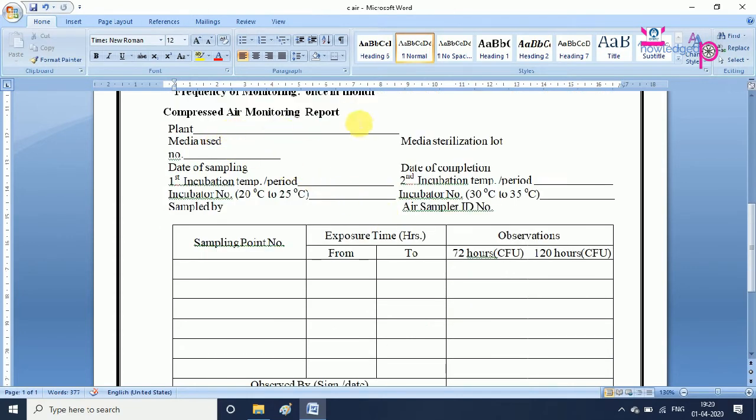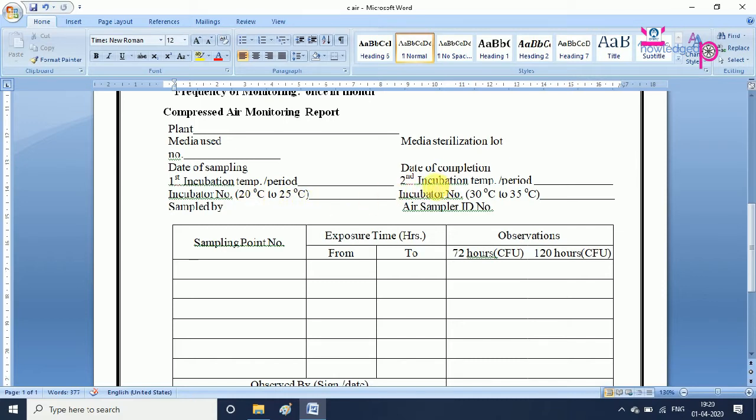Okay, compressed air monitoring report. Plant, media used, date of sampling. Here the media sterilization lot, incubation temperature and incubator number we have to write. The temperature given is 20 to 25 for 3 days.